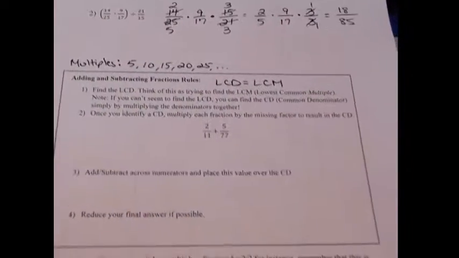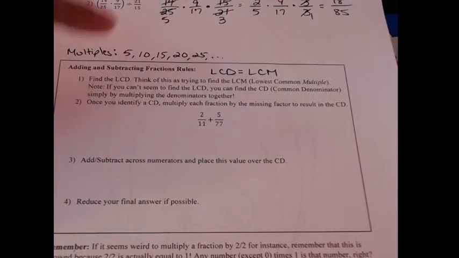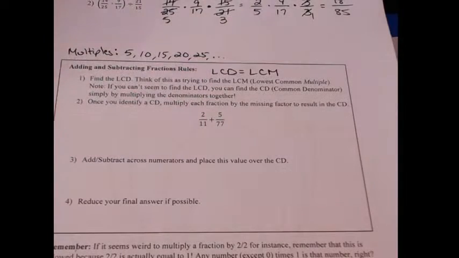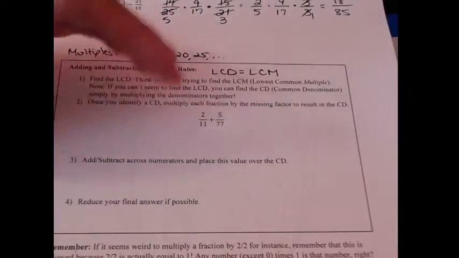So these are multiples, very different from factors. Okay? So you're first going to look at the fractions that you have and you're going to say, well, what's their lowest common multiple, right? I put a note here. If you can't seem to find the lowest common denominator, the lowest common multiple, there's a shortcut. You can always just take the denominators, multiply them together.